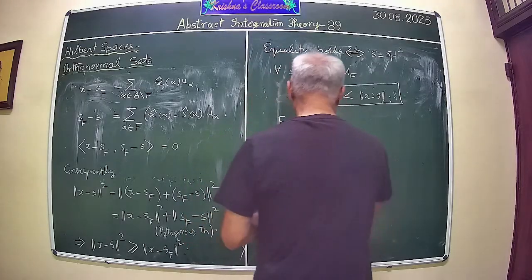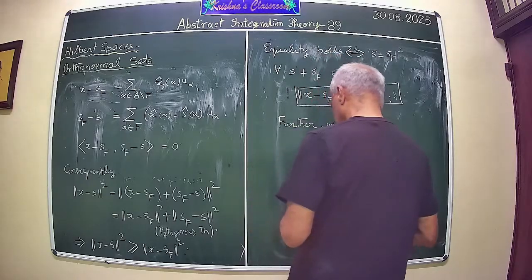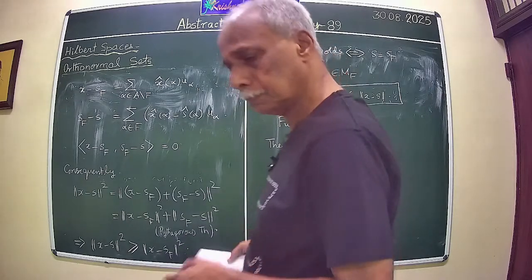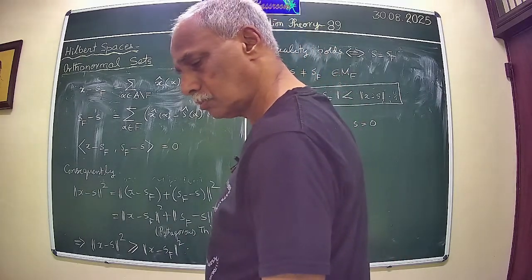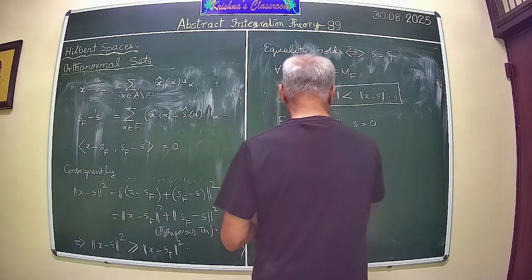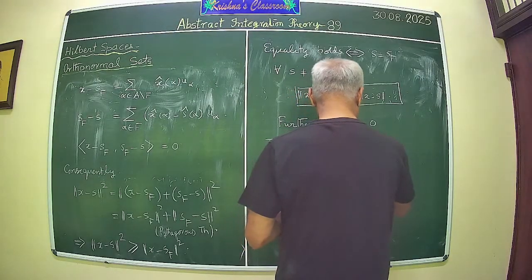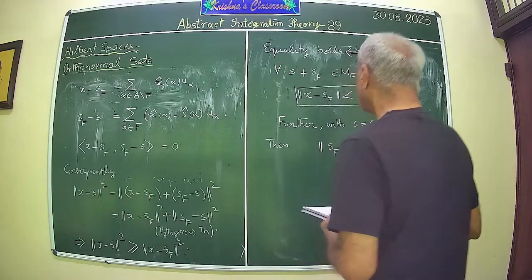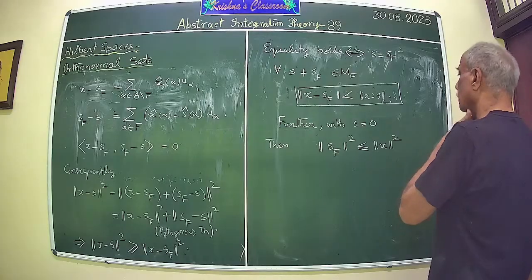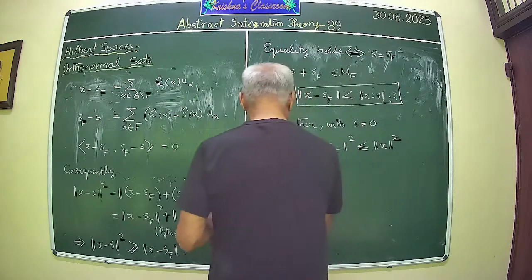Further, suppose you choose S equal to 0, then norm of SF square is less than or equal to norm of x square. And this, of course, you can prove like this.